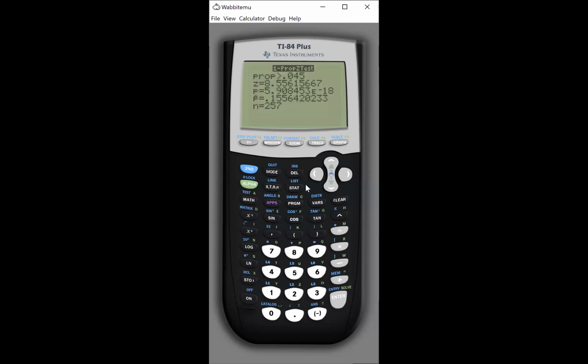So for the TI-84, you go to stats again, you go to tests, and you go to z-test. For z-test, make sure that you're on stats. On stats means that you'll be giving it all the information.